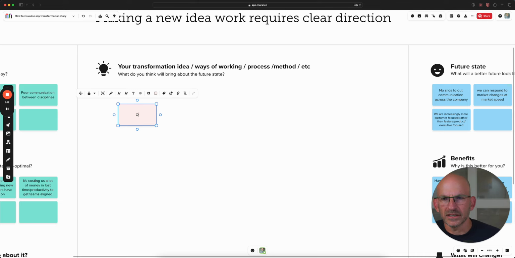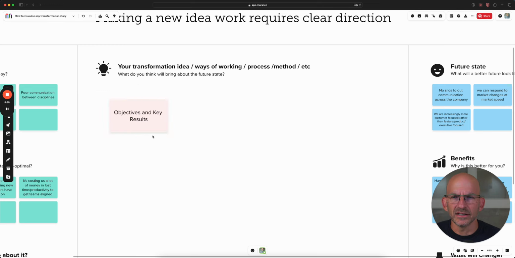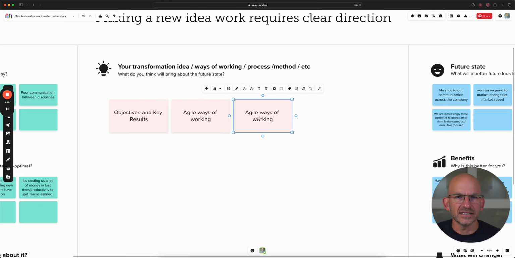This could be something like objectives and key results, right? My favorite topic these days. Maybe we want to implement objectives and key results. That's one idea that we'd like to get in there. Maybe agile ways of working we want to put in there, or increasingly more agile ways of working. Maybe one of the ideas we want to put in here is cross-functional squads on every initiative, something like that.